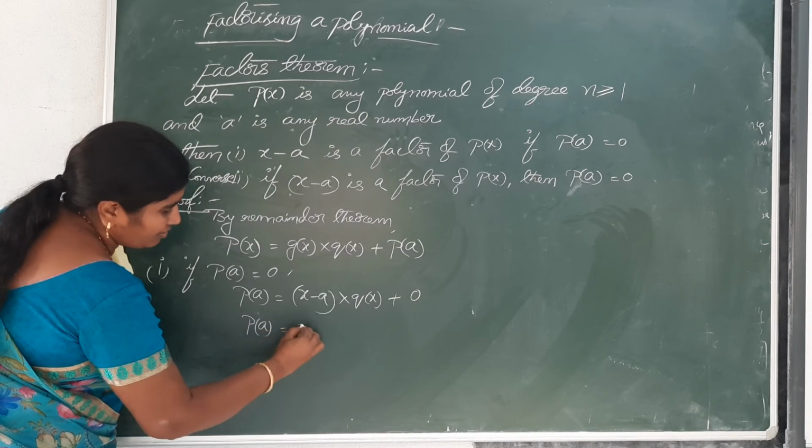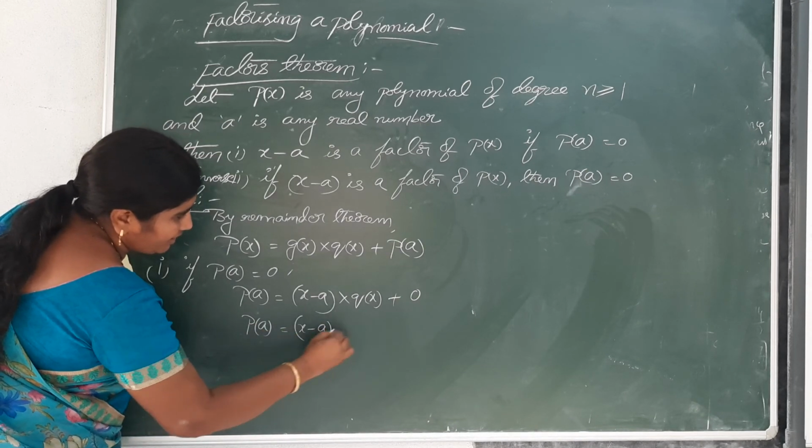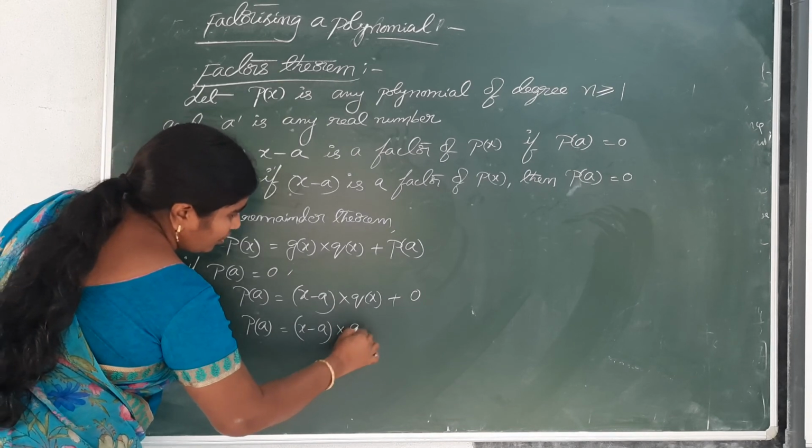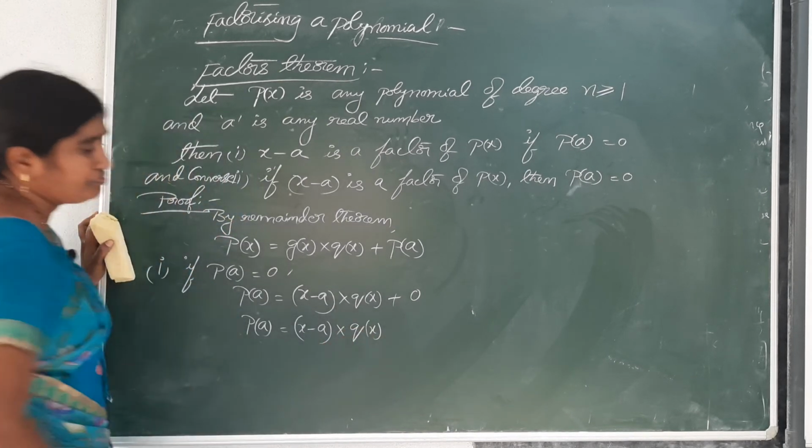Then p of x equal to x minus a into q of x.